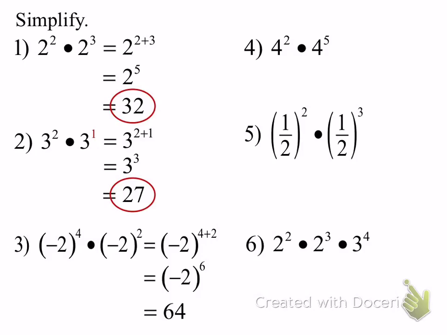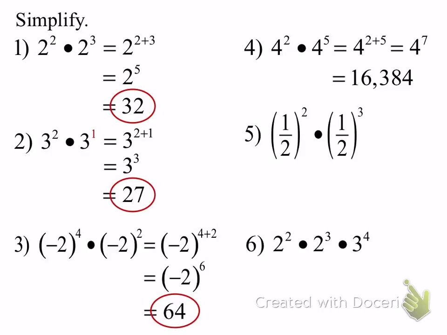All right, so let's move on. Let's look at number 4. Number 4 would be 4 to the power of 2 plus 5, which would be 4 to the power of 7. And I wouldn't expect you to multiply that out without a calculator. I don't need you to go that big.